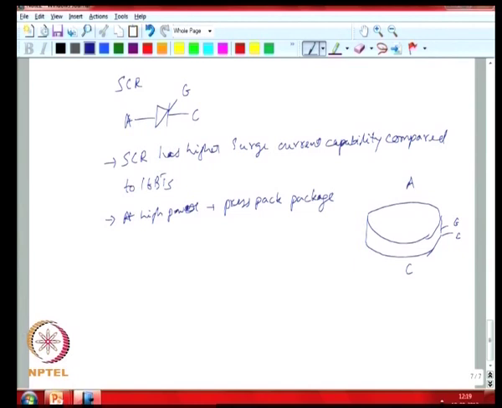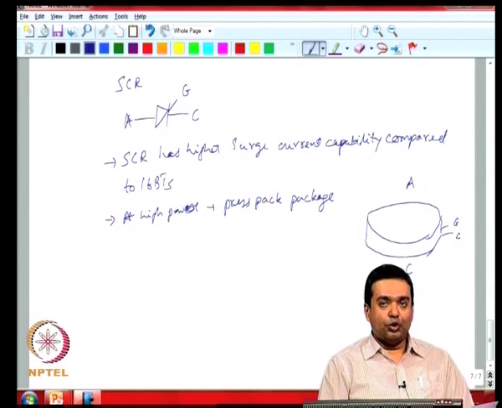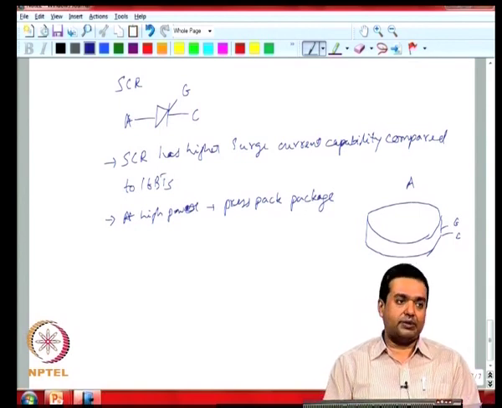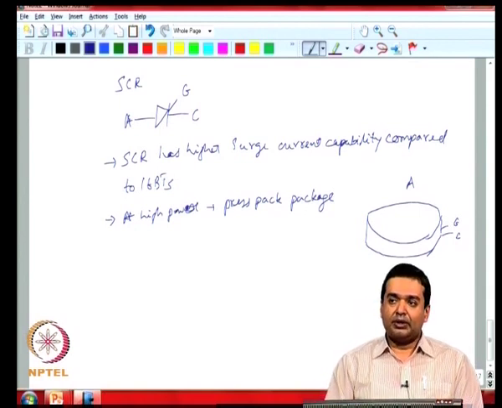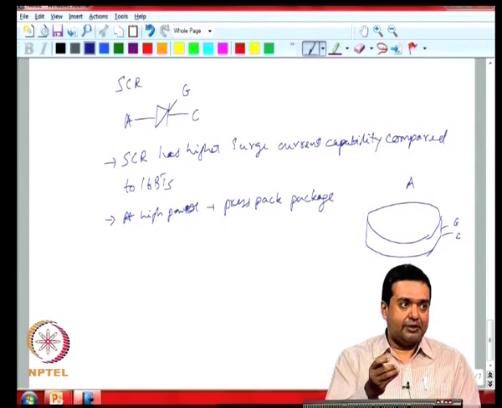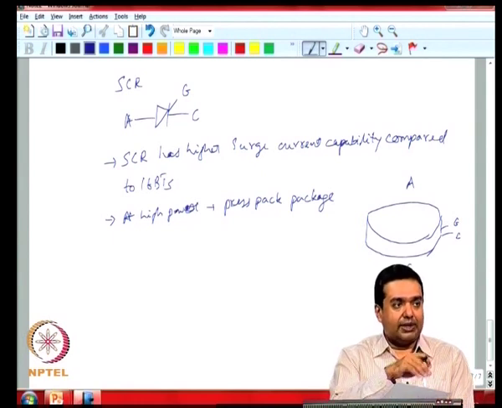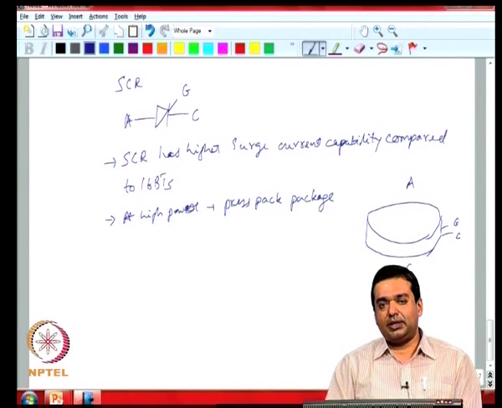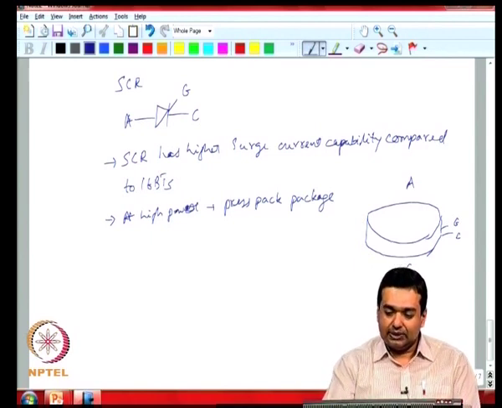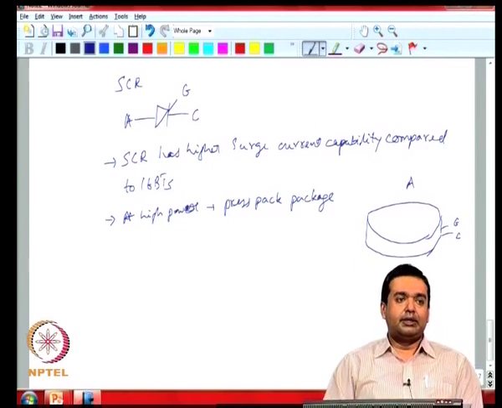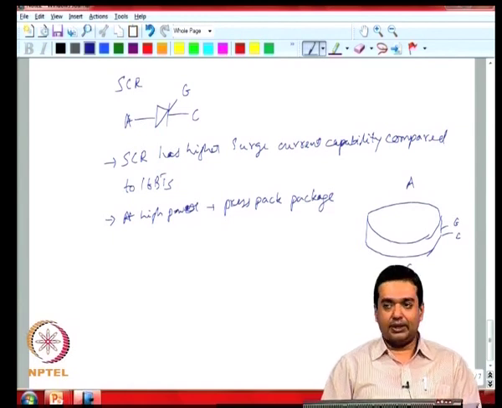Also, because you are applying pressure from the top and bottom of such a device, a failed device would typically fail short, because any failure would cause the local junction to get damaged, and the damaged junction would essentially then short between your anode and cathode.